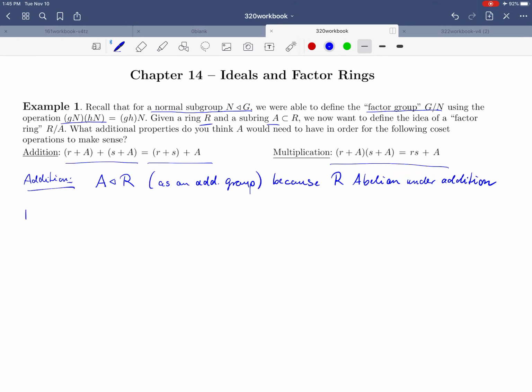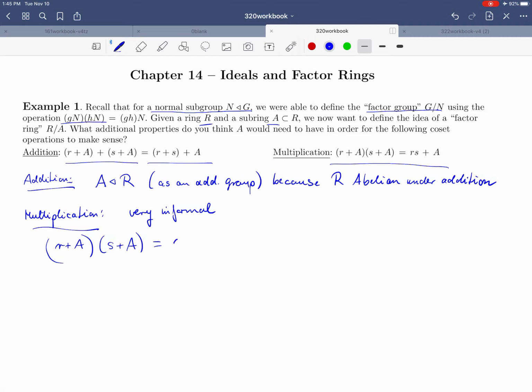So what about multiplication though? And this is going to be a very, very informal discussion. So what if we take r + A and multiply by s + A? We have a coset, we multiply by another coset, what does it look like?